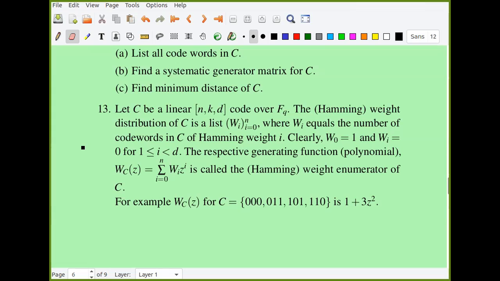So what is W_n? We don't know whether it is there in the code. Why is W_i equal to 0 for 1 less than or equal to i less than d?